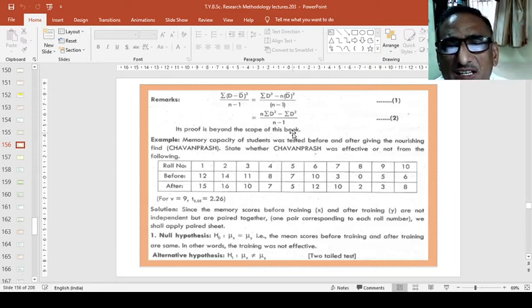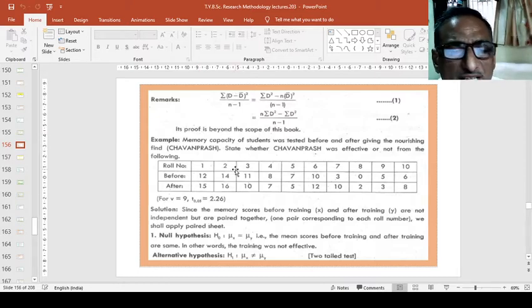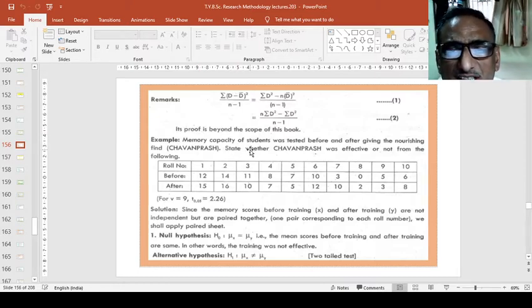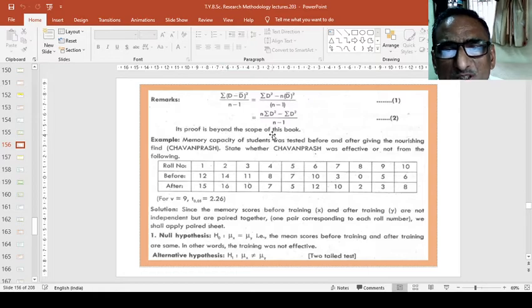And the final remark can come to the conclusion from the formula already given by statistical hypothesis or statistical rules, and its proof is beyond the scope of this book, because the values may be significant or may not be.